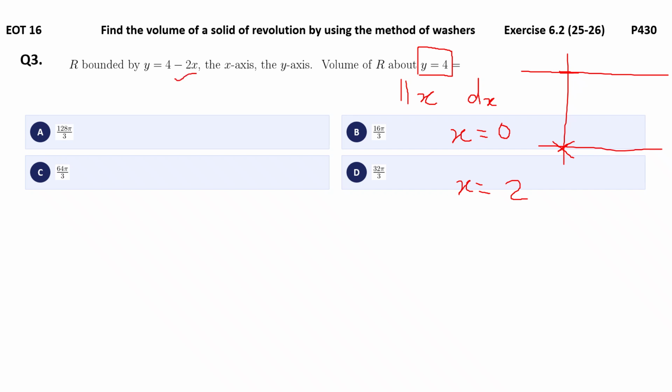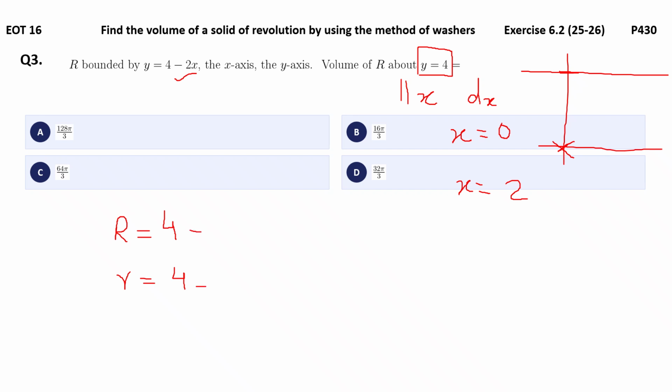Already the function is of x, but here one thing you have to be careful about. Since it is y equal to 4 minus 2x, a linear expression, and you are revolving with respect to y equal to 4, you will have an outer radius and an inner radius. How to find the outer radius? Since it's a positive number, you will start from 4. Even for the smaller radius, you will start from 4 minus.